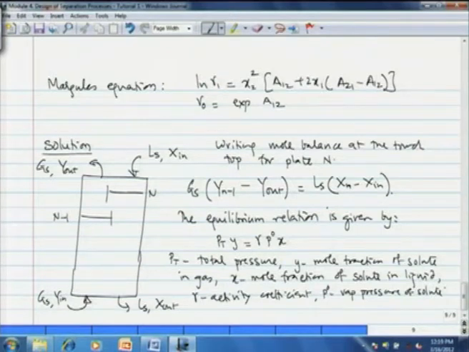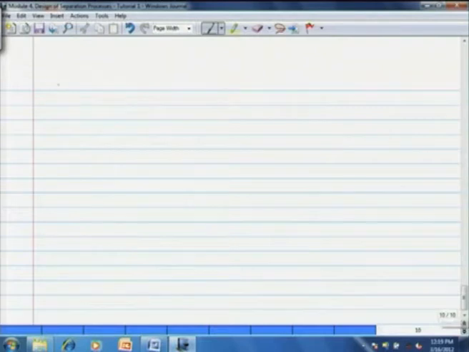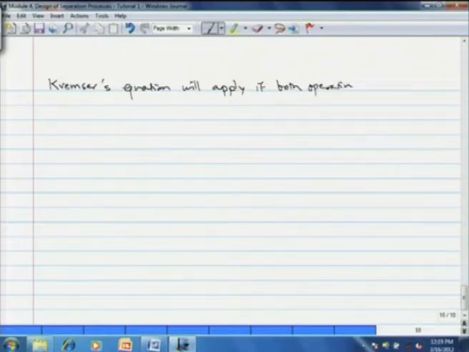Okay. Now, Kremser's equation will apply if both the operating line and the equilibrium line, or equilibrium curve I would say, are straight.